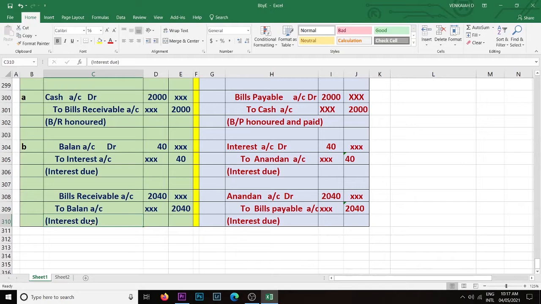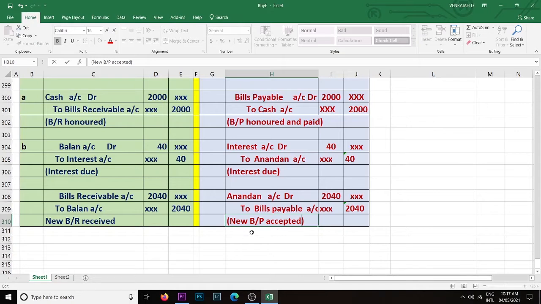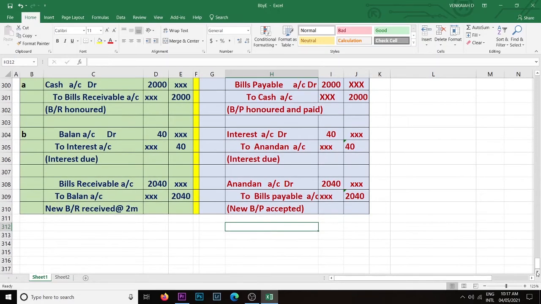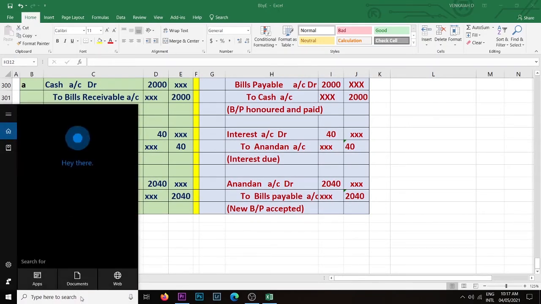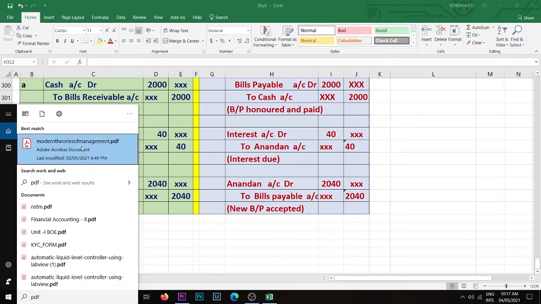Okay, fresh bill or new B by R received. Here also new B by P accepted. So maybe after 2 months, the bill may be honored. We can write the honor entry or we can leave it because you didn't hold anything. Okay. Right. That is problem number 8.